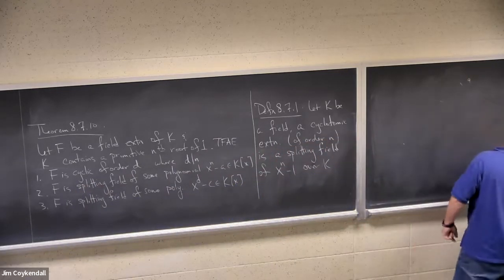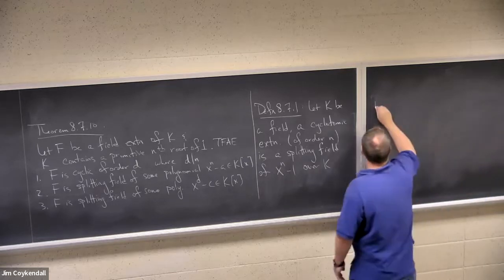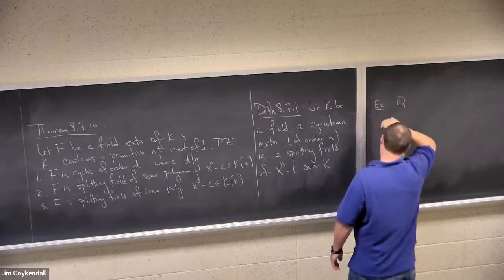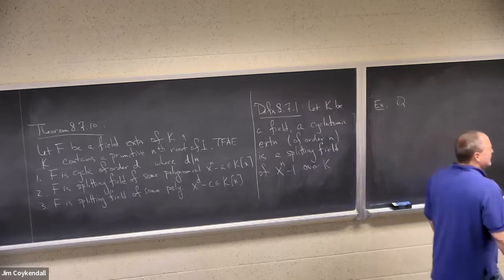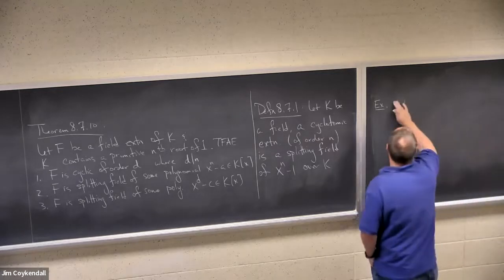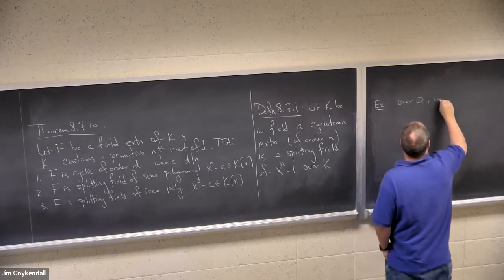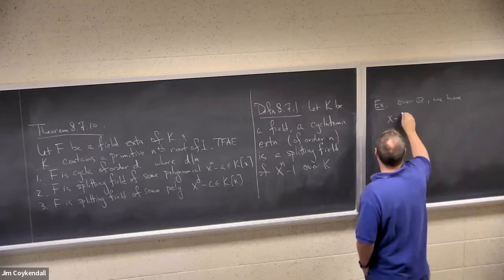So, for example, let's see how their terminology works over here. Over Q, we have x minus 1.